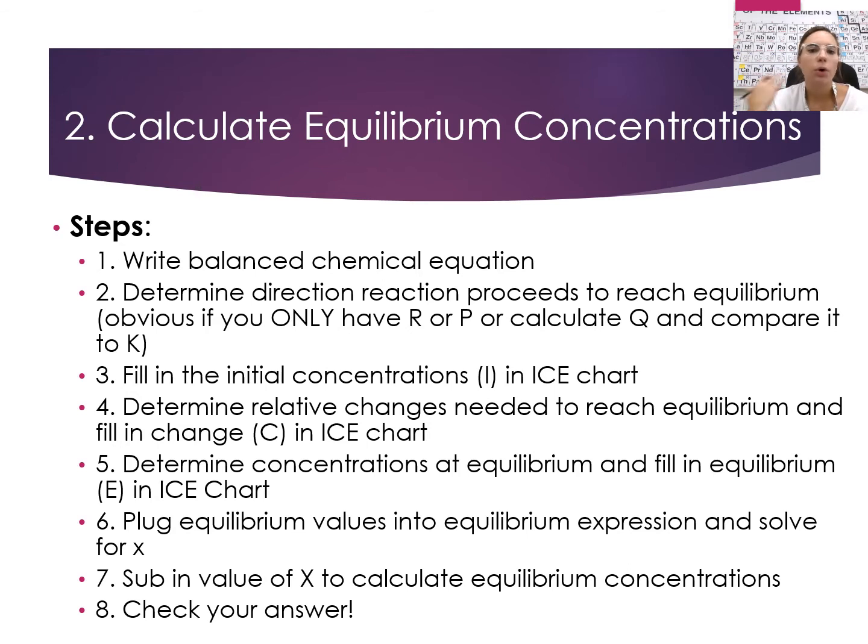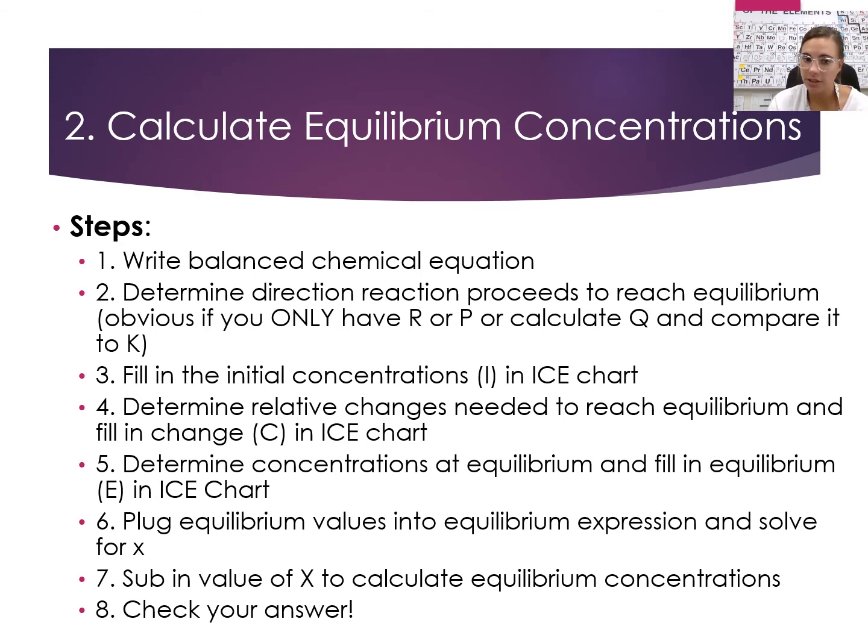So we're going to always start with a balanced chemical equation if we're not given one. Then we have to figure out which way our reaction is going to proceed. Is it going to go right or is it going to go left? This is really obvious in problems like we've done before because we didn't have any product. So we, of course, are going to go to the right. But if we do start with some concentration of both reactants and products, we're going to have to calculate Q to see if we're going to go right or left.